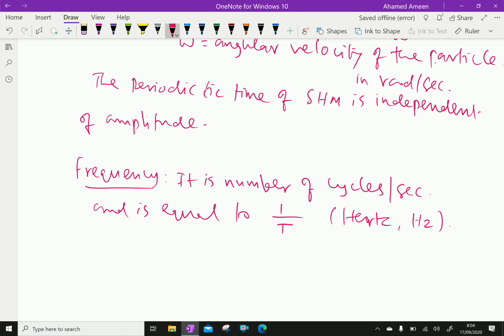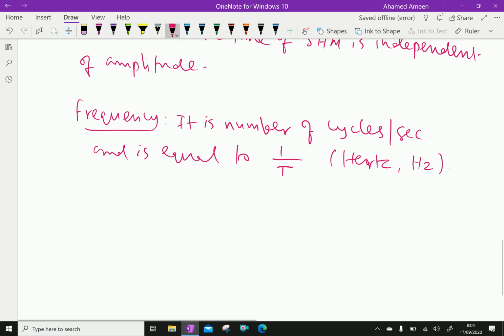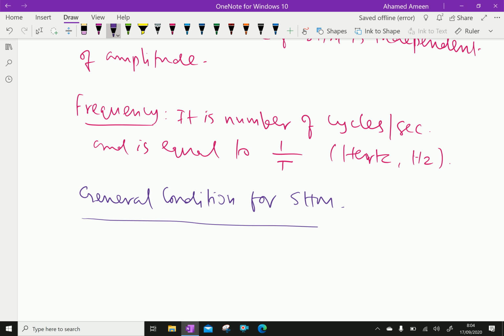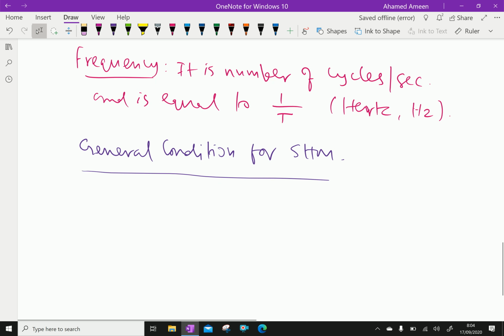General conditions for SHM, simple harmonic motion. First, its acceleration is always directed towards the center.